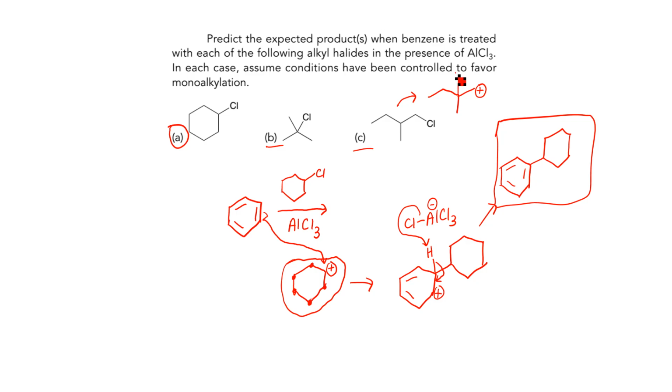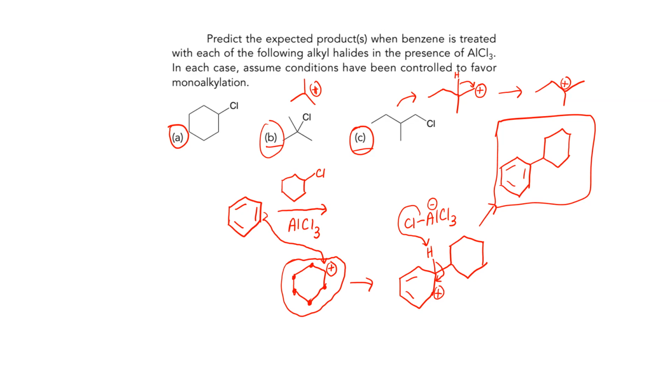And you can see that there's a hydrogen right there. There'll be a hydride shift where you're going to make a tertiary carbocation. And you can guess that with C, you're going to get a mixture of rearranged products, right? With B, that's not going to happen because you already form a nice tertiary carbocation.